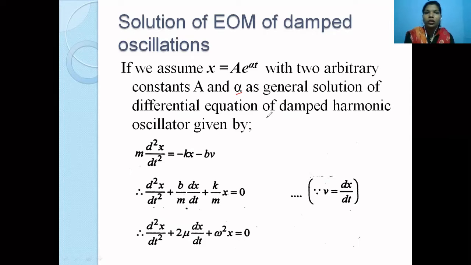In the lecture today, we are going to find the solution of the equation of motion of damped oscillations. When I'm trying to find a solution for an equation of motion, I have two to three conditions that need to be satisfied, so that I can say that the solution that I'm choosing is the most general solution of the differential equation.